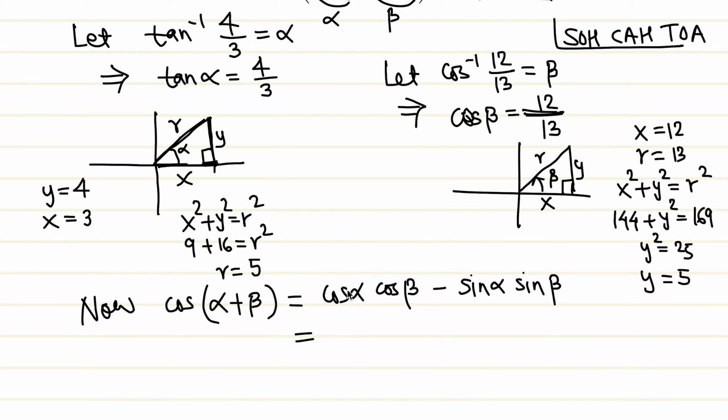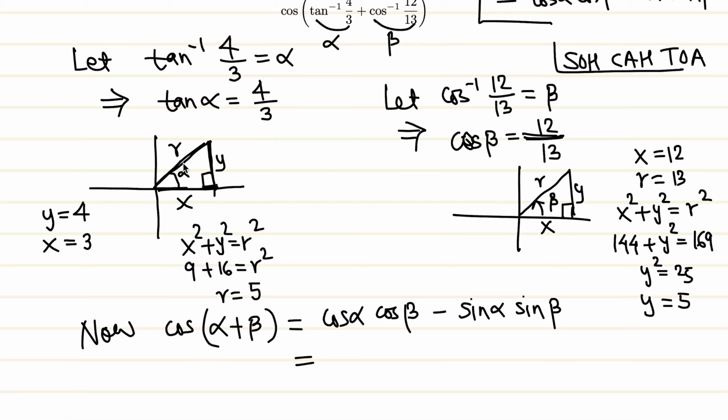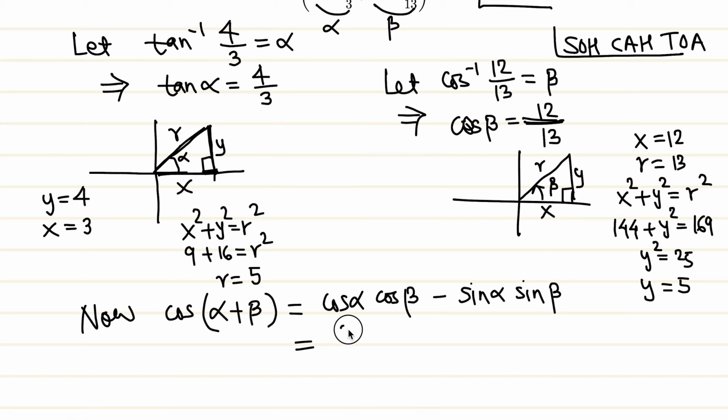Okay, cosine alpha, we look at this triangle, cosine is x over r. x is 3, r is 5, so 3 over 5 times cosine beta here in the second triangle, x over r again, but x is 12 and r is 13.